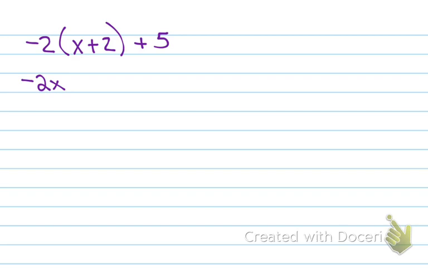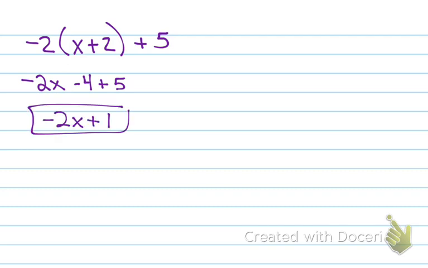Negative 2x. Negative 2 times 2 is negative 4 plus 5. Is there anything that I can combine? Negative 4 plus 5 is 1. Okay? All right. Yes, simplify expressions.